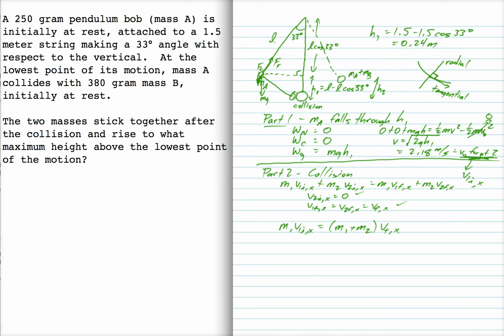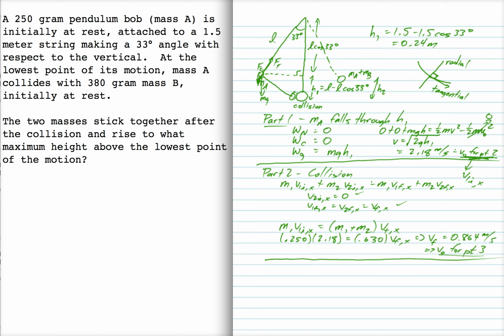And the mass 1 is 250 grams, so we've got 0.250 times that initial speed of 2.18 is equal to the combined mass, which is 0.630 kilograms, times that final x velocity, and that works out to be vf is 0.864 meters per second, which is the initial velocity for part 3.